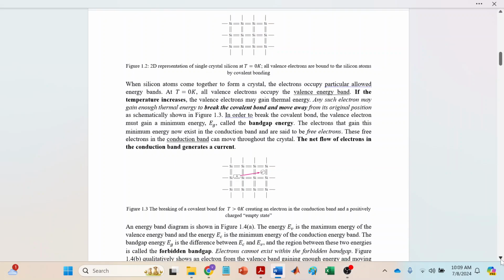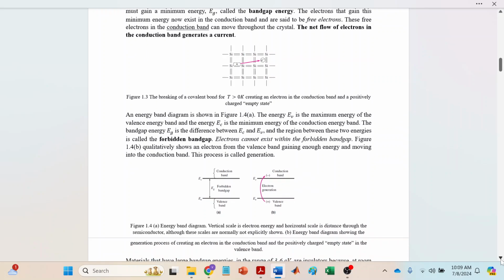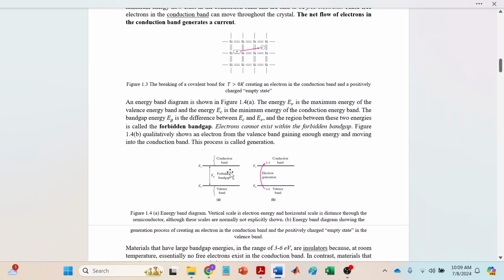So we can see the diagram of the energy band that has been discussed previously. I talked about the valence band. At 0 Kelvin, the silicon atoms experience covalent bonding, that's the sharing of valence electrons. Even if an electric field is applied, there's not going to be any movement.